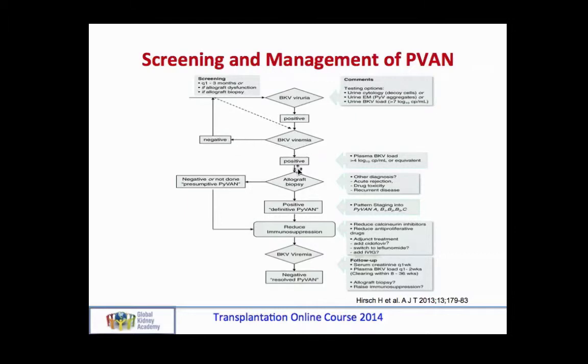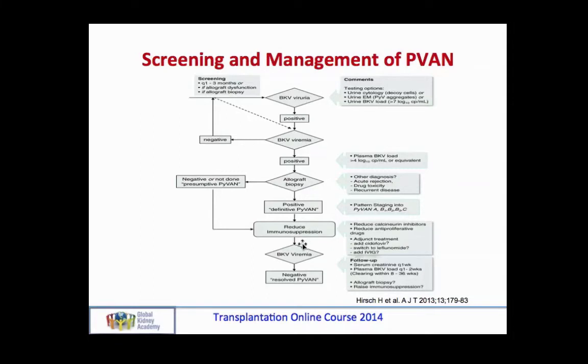If the blood is positive, you can either do a kidney biopsy and confirm that diagnosis of polyoma virus-associated nephropathy and reduce immunosuppression, or some people will just say, well, if you've got BK viremia, that is a sign in itself of over immunosuppression, and you should reduce immunosuppression anyway. So you can make a presumptive diagnosis of BK nephropathy and reduce immunosuppression that way.